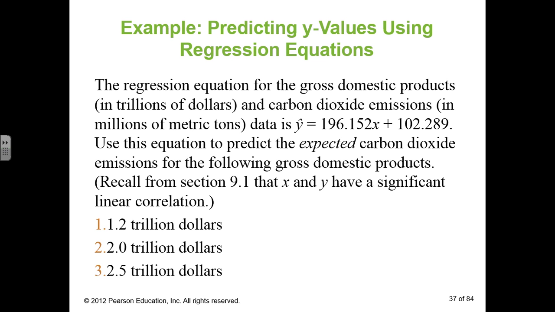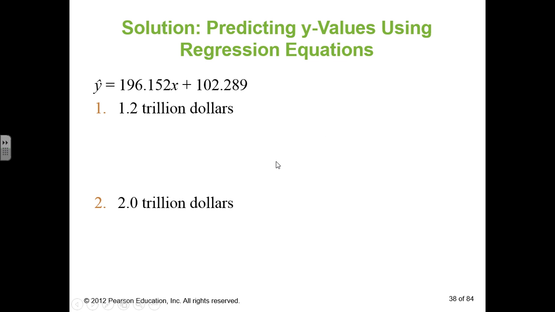Now let's use our regression equation right here to predict the expected carbon dioxide emission from the following GDPs. So if a country had a GDP of $1.2 trillion, we would plug in 1.2 for x. For a country that had a 2.0 GDP, we would plug in 2.0 here, and then 2.5 there.